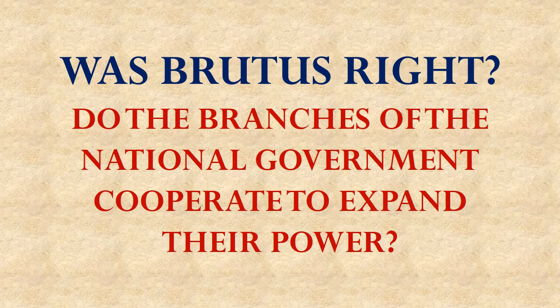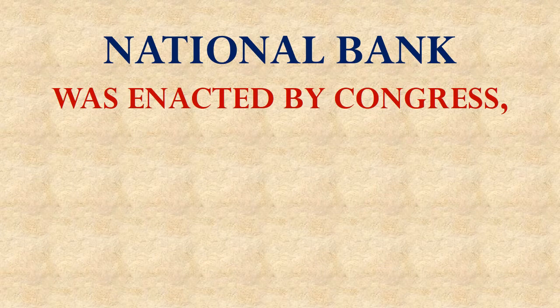So, as we look at the story of the Bank of the United States, from this lesson and the previous one, we can ask ourselves, was Brutus right? Did the branches of the national government cooperate to expand their power? Well, the national bank was enacted by Congress.